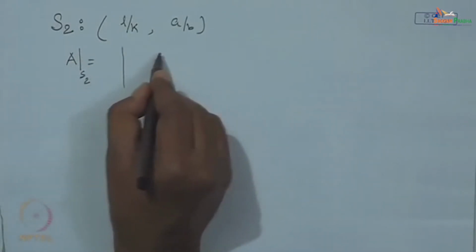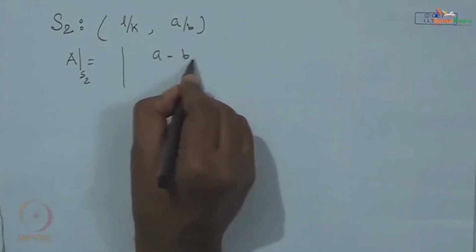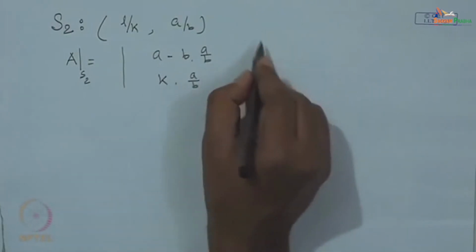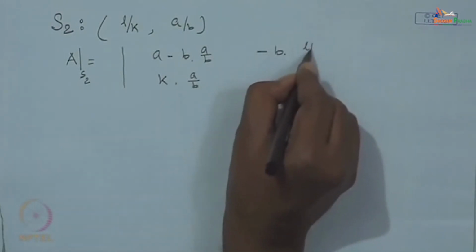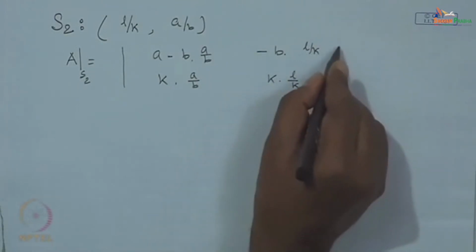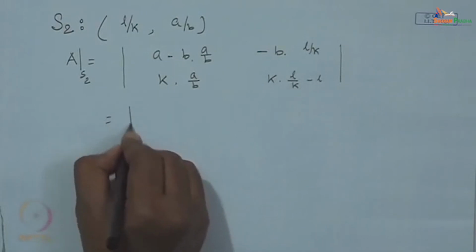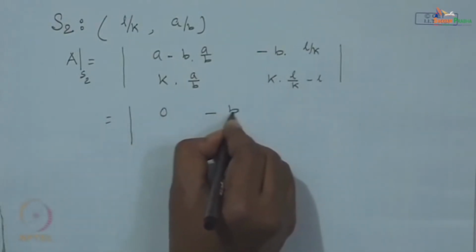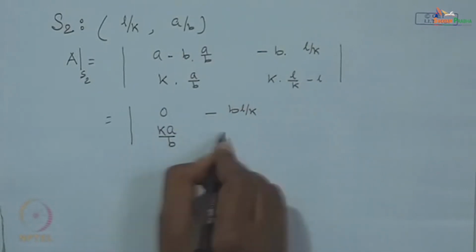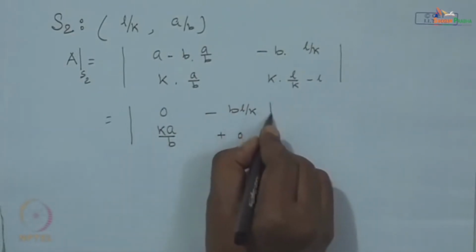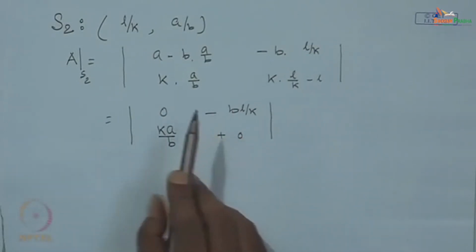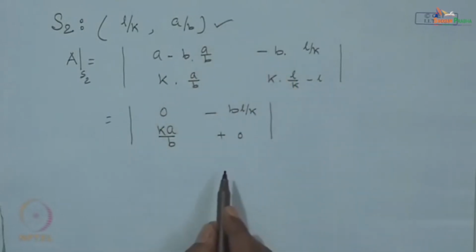So, this will be A minus b evaluated at A by b, k into A by b minus b, L by k and k multiplied by L by k minus L. Therefore, this becomes 0, minus b L by k, k A by b, plus 0. So, this will be the Jacobian matrix evaluated at the steady state L by k and A by b.